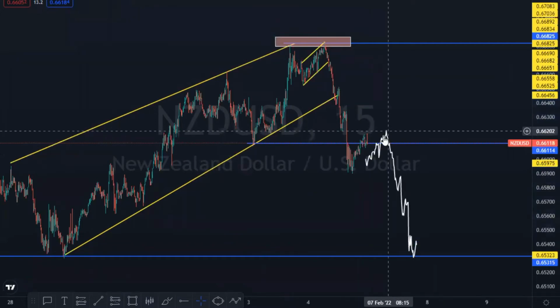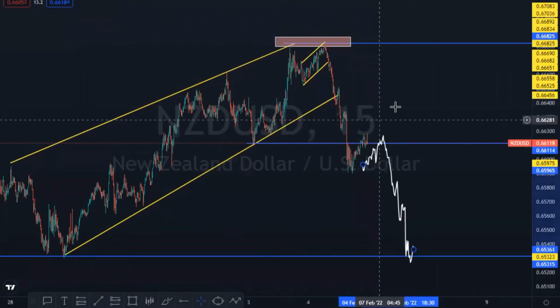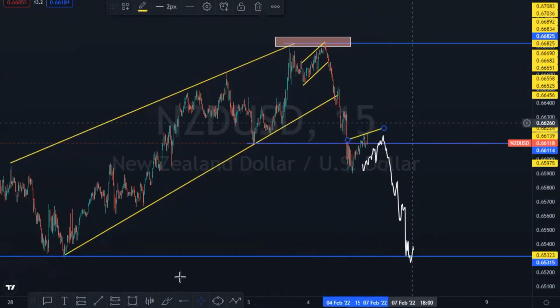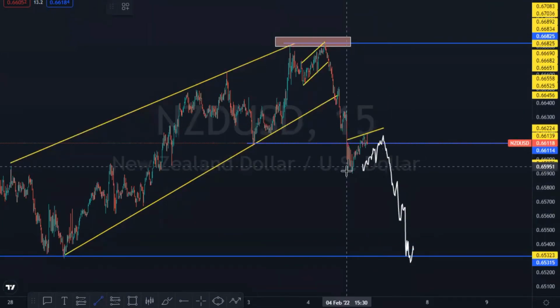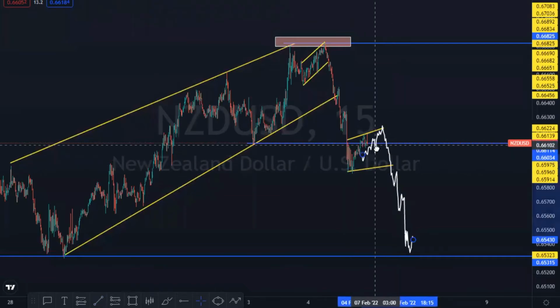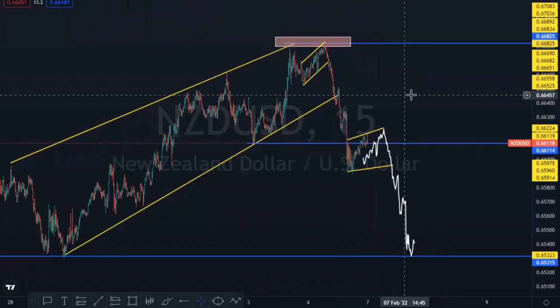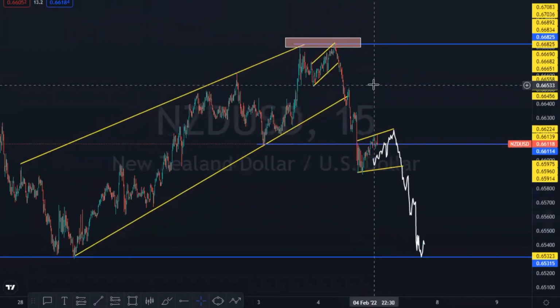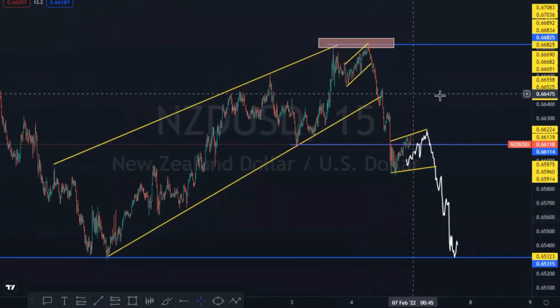But for now, we just apply patience. But this is my anticipation on NZD USD, guys. I'm waiting for this correction to mature, then I can execute going to the downside.